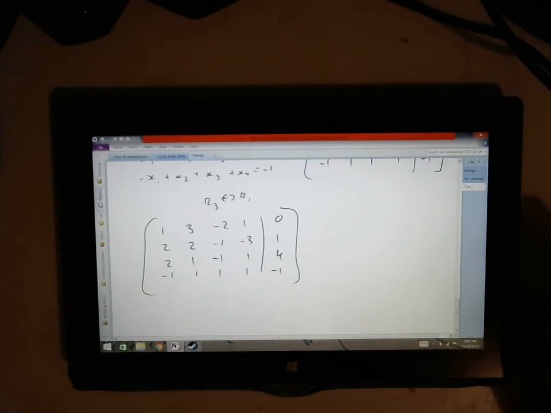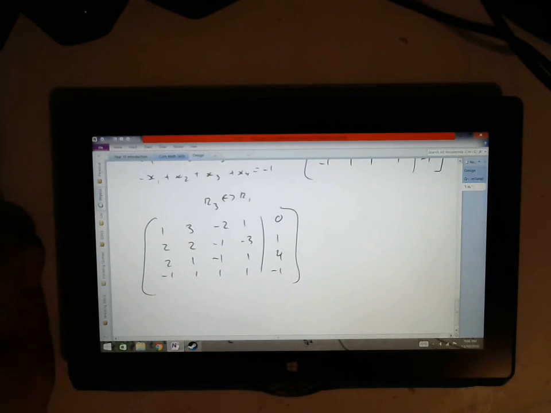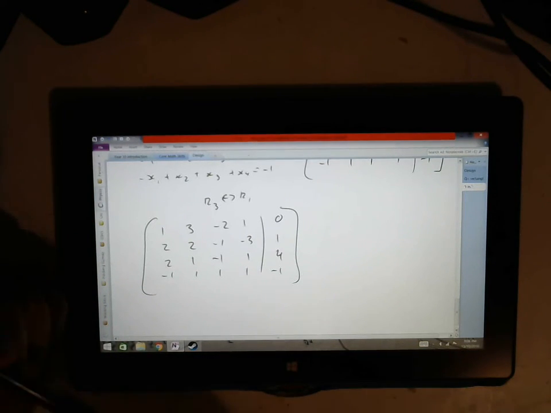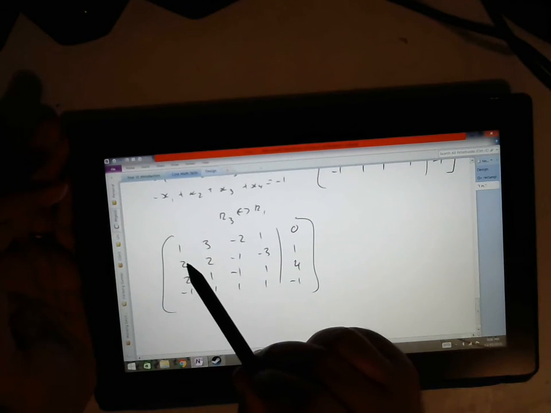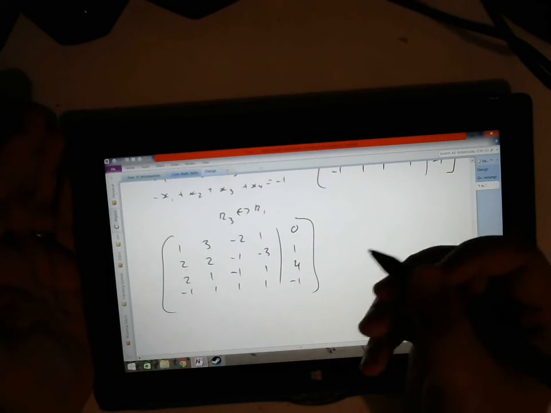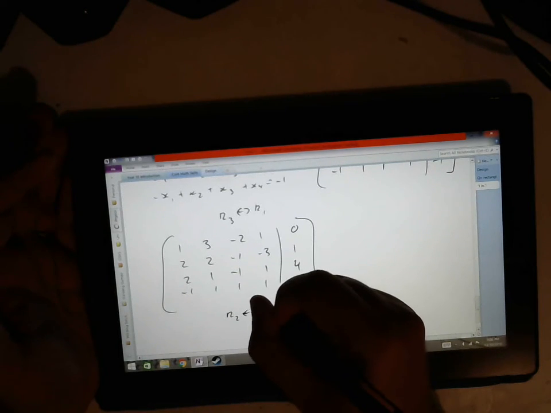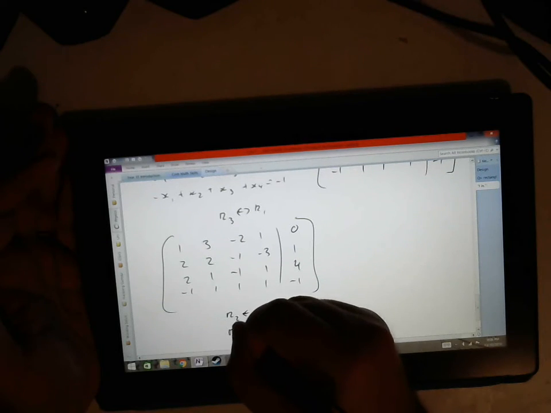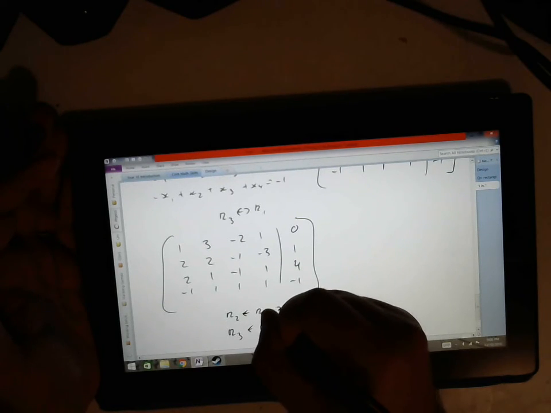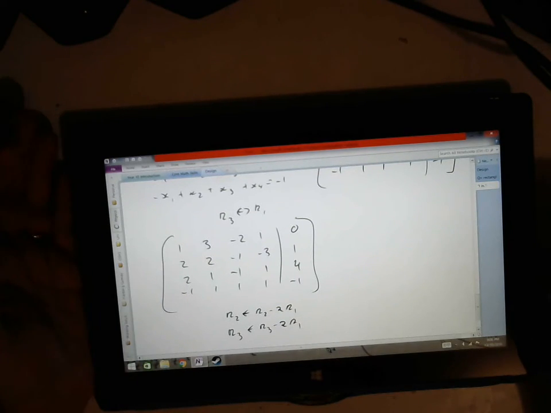Okay, the thing is, these orders don't matter. You can swap them around however you feel that you need to. So in this case, I can see that if I want to turn that to a 0, the same rule will turn that to a 0 as well, because they're both 2's. So I'm going to write a couple of rules out. R2 is going to become R2, take away 2 lots of R1, and R3 is going to become R3, take away 2 lots of R1 as well, because in both of these it's going to be 2 take 1.